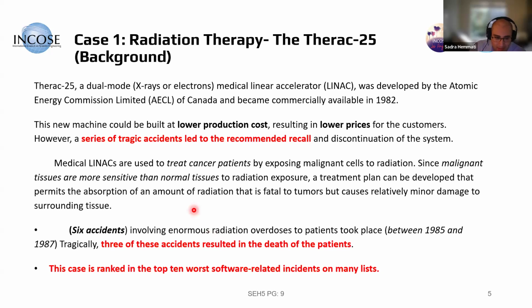It was an interesting technology, but it caused 5 deaths, and it's ranked in the top 10 worst software-related incidents on many lists.